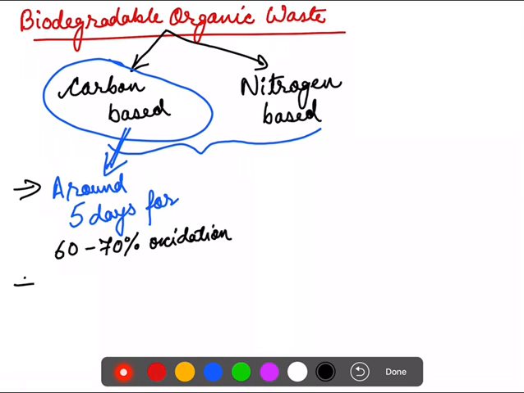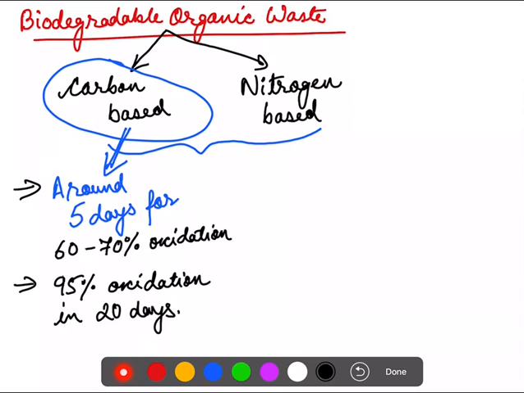Okay, and 95% oxidation in 20 days. So for bacteria to oxidize the carbon based biodegradable organic waste, 5 days are required to oxidize 60 to 70% of the carbon based biodegradable organic waste.